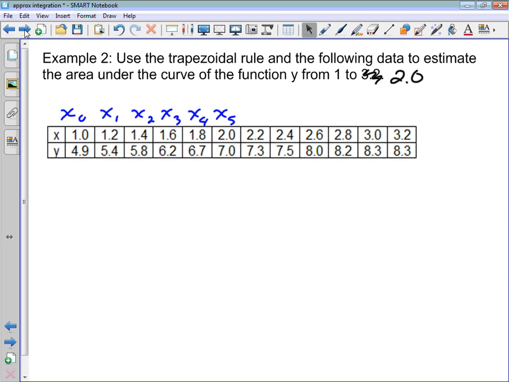How big is our interval then? Obviously, delta x is going to be 0.2. That's how big each one of our intervals are. So we can apply our trapezoidal approximation.